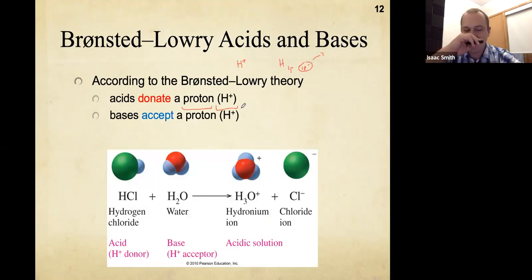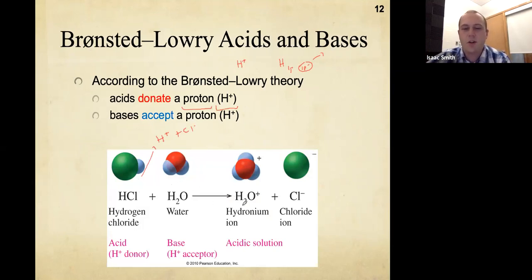Okay. So an example of this is if you put HCl in water. HCl, or hydrogen chloride or hydrochloric acid, is going to donate its proton. We already talked about how HCl splits up into H plus and Cl minus ions. So it gets rid of this proton and water grabs it.